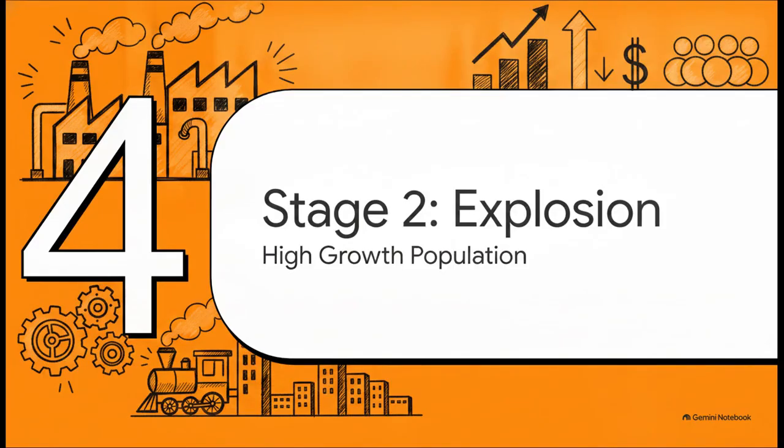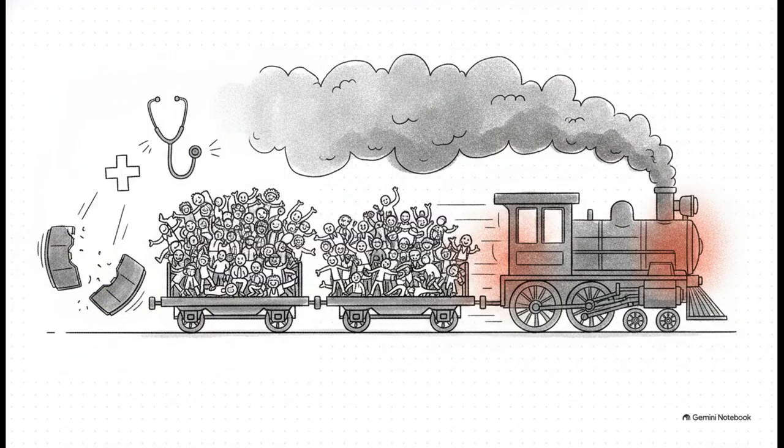Section 4, Stage 2, Population Explosion, high growth of population. This kicks in when a country starts industrializing and taking its first steps toward economic development. This stage is defined by a huge disconnect. Thanks to economic development, you start seeing rapid improvements in medical facilities, disaster management, and nutrition. Because of this, the death rate starts falling rapidly.